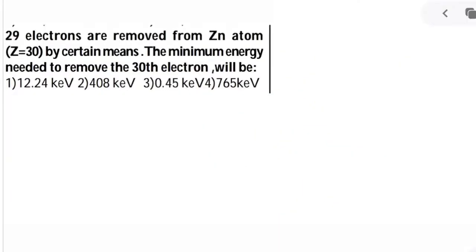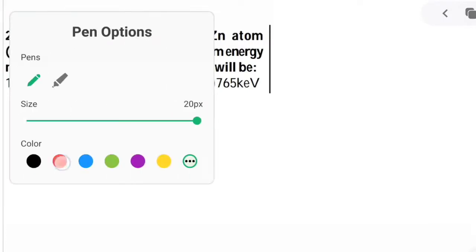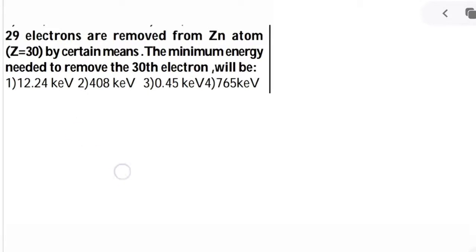In this question, we have 29 electrons removed from zinc atom of atomic number Z equal to 30 by certain means. The minimum energy needed to remove the 30th electron will be. So that means out of the total 30 electrons, 29 electrons are already removed.